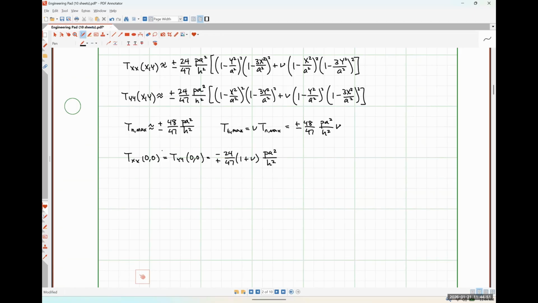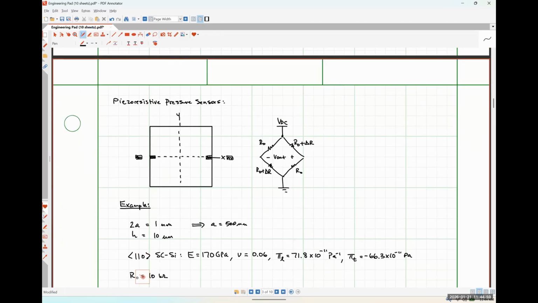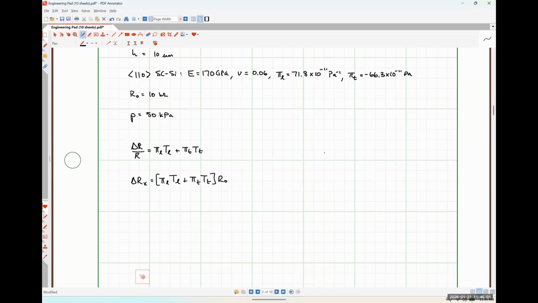So 48 over 47 PA squared over H squared, and then just multiply that by nu to get our transverse. So I'm just going to make a note over here. Sigma L is going to be 48 over 47 PA squared over H squared. Sigma T is just sigma L times nu.